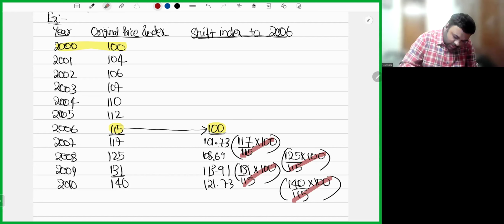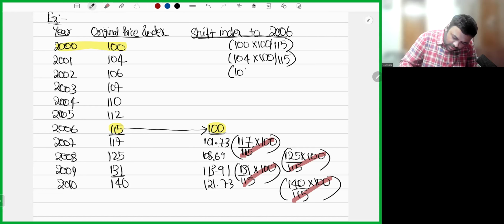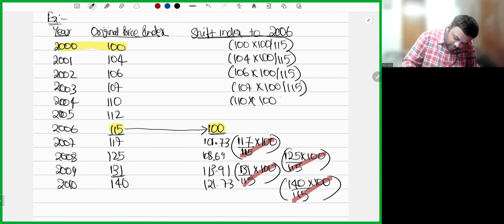So everywhere I'll write the same thing: 100 into 100 by 115, 104 into 100 by 115, 106 into 100 by 115, 107 into 100 by 115, 110 into 100 by 115, 112 into 100 by 115.